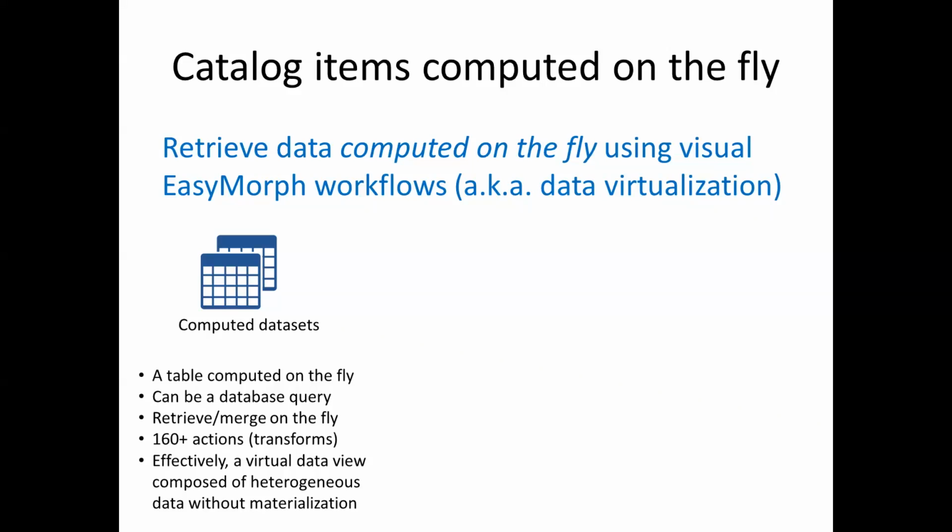So computed data sets, when executed, produce a table, and effectively these data sets can be viewed as dynamic or virtual data views, because they generate data on the fly, and this data is not materialized.